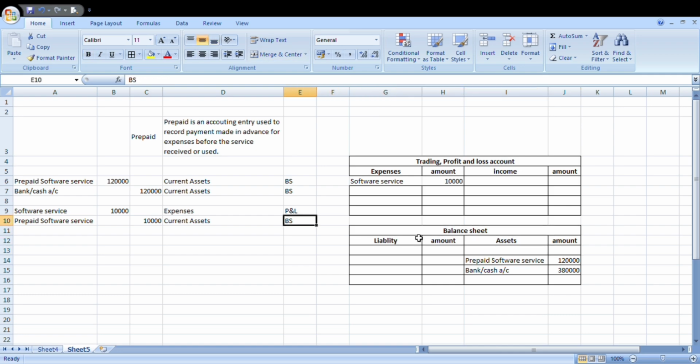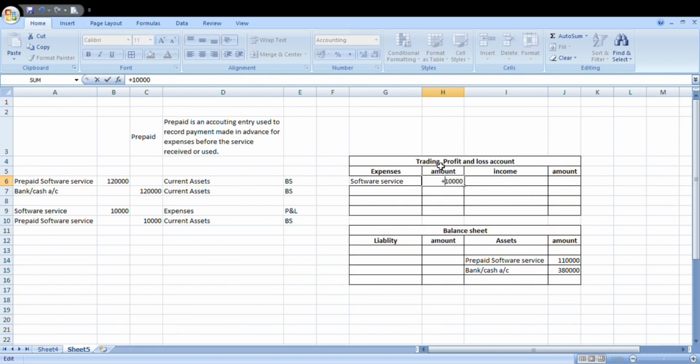Once we book the entry for the first month, the prepaid amount will be decreased. We already showed 10,000 as expense in the profit and loss account, so 110,000 is left. Every month we'll book like this.